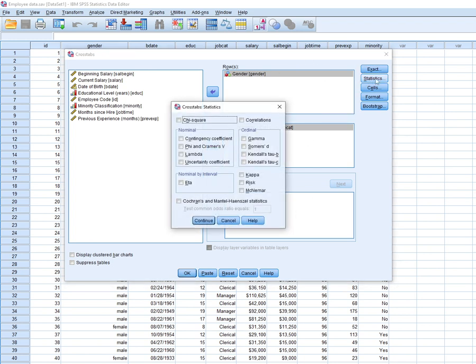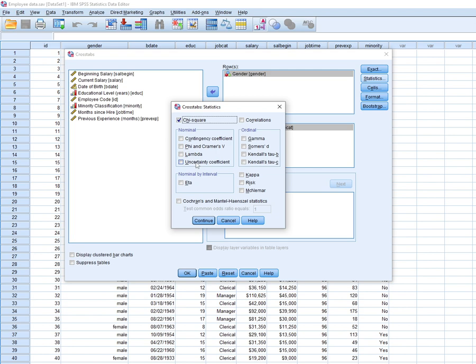I have the option of statistics. With statistics, that is where I'll select chi-square, because the test statistic that I'm doing is the chi-square test of association. There are a lot of tests that you're seeing here: Kendall's tau-a, Kendall's tau-b, lambda, phi and Cramer's V. All these things you might learn with time.